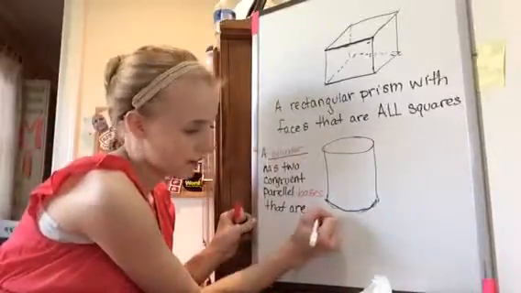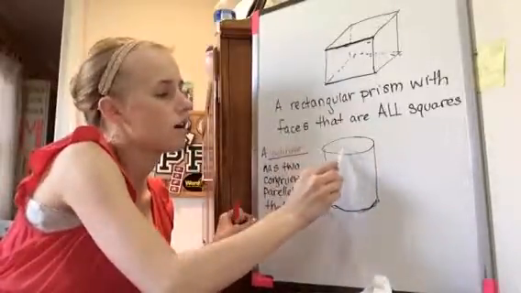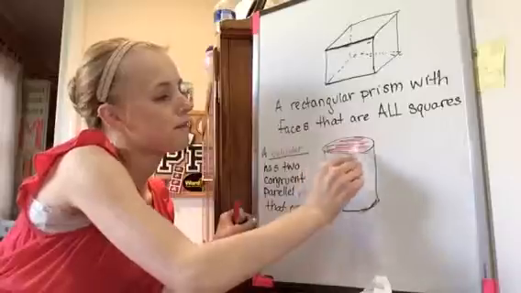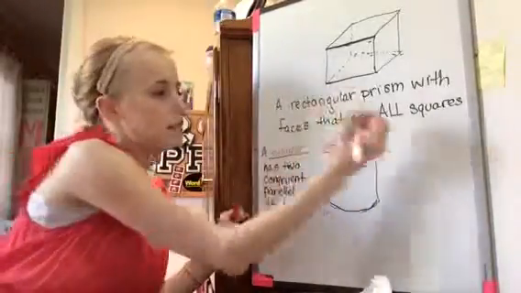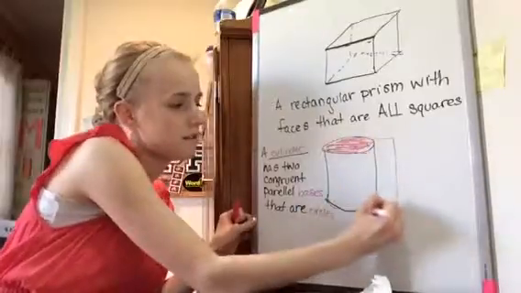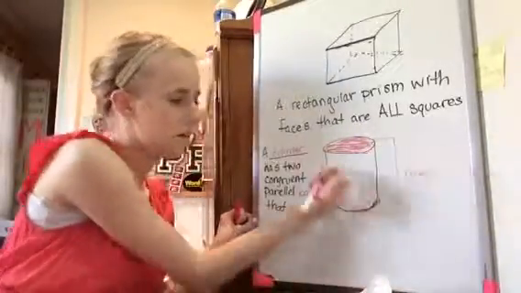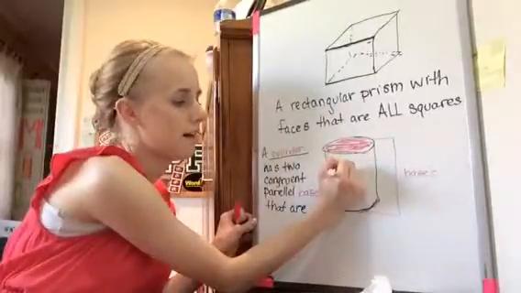When I'm looking at my cylinder here, these are my bases, but they're going to be in a circle shape. These two up here are my bases, and then this right here will be my height.